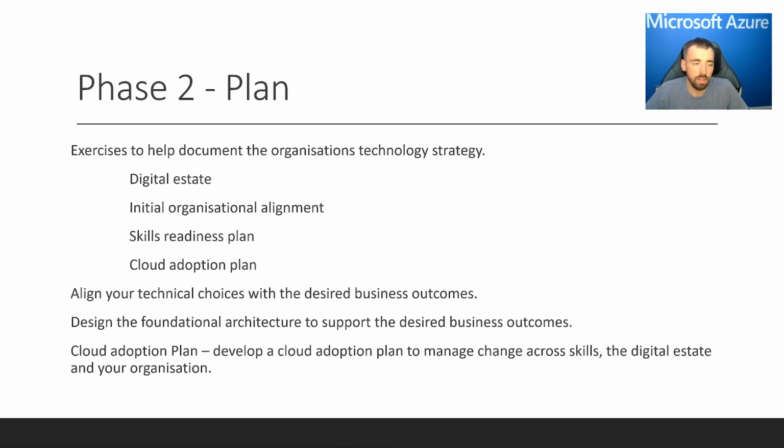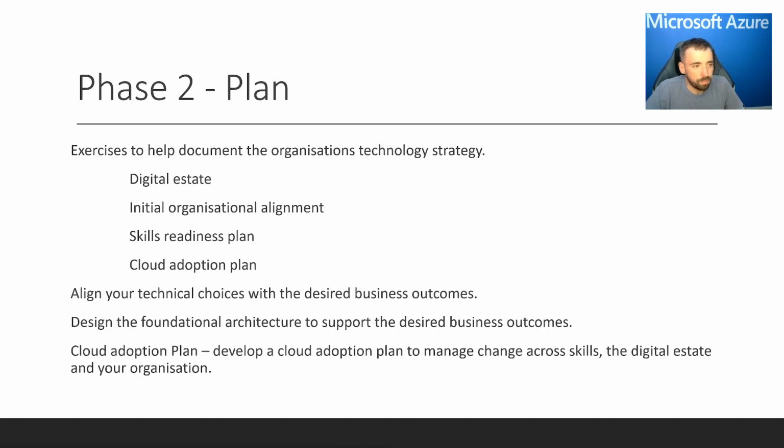Ultimately, business digital estate is understanding what's in the current environment. What are the workloads, the applications, VMs, servers? Initial organisation alignment is speaking to the people in the business, getting the backing of the people of the business. Skills readiness is understanding the skills gaps and what we need to do to get the right skills to be successful in our cloud adoption, and then cloud adoption plan as well.